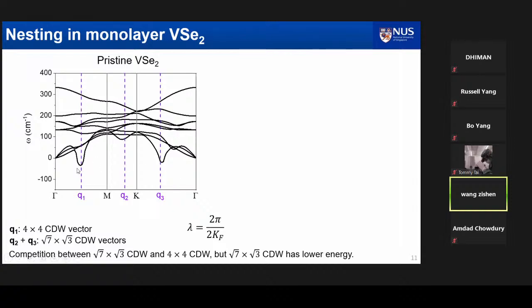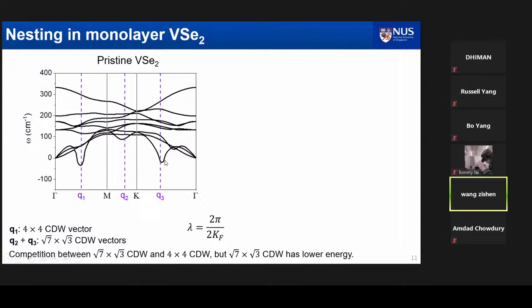The imaginary point in the middle of gamma and M, Q1, corresponds to the 4x4 CDW structure, while another imaginary point at the gamma K path, Q3, plus a Kohn anomaly Q2 at the MK path corresponds to the √7 by √3 CDW structure. So according to the phonon spectra, both the 4x4 and the √7 by √3 CDW are possible. However, the calculation results show that the √7 by √3 CDW has lower energy, which explains the pattern most observed in the experiments.